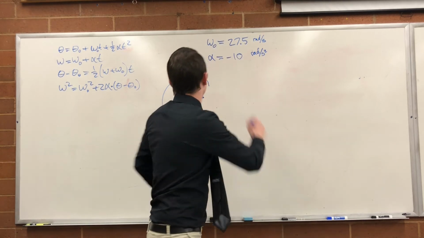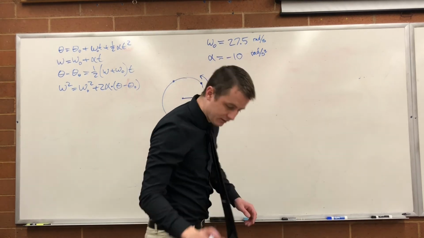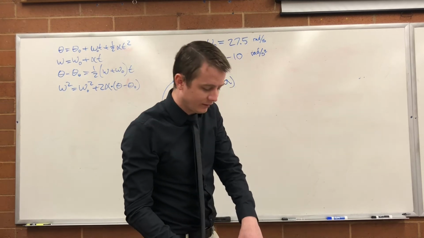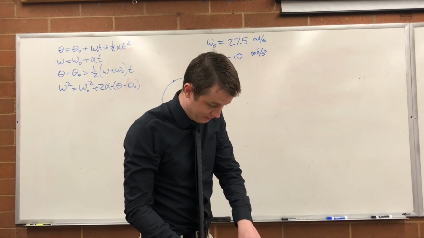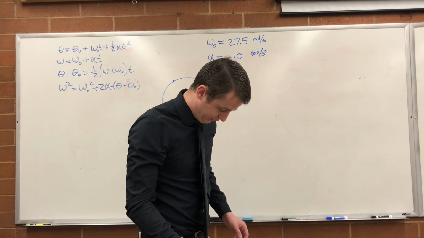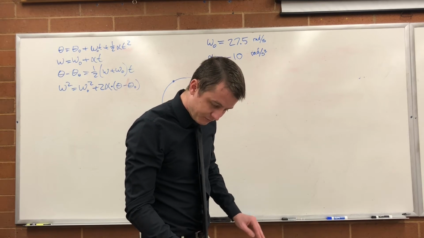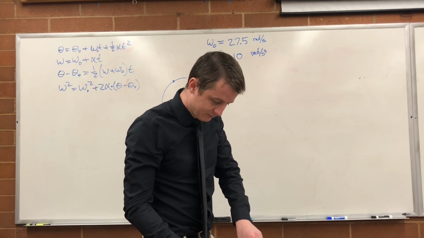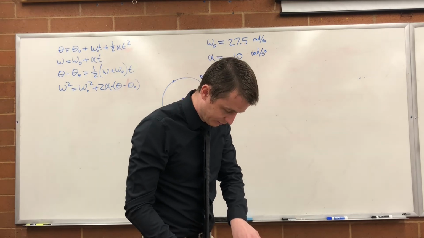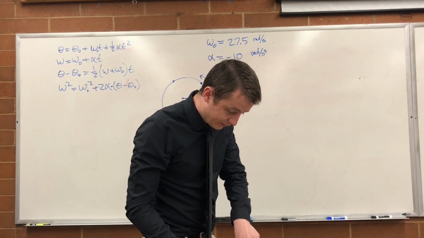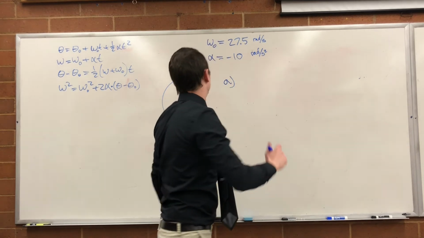So for A, we're looking for the disk's angular velocity. I guess they call it angular velocity. What is the disk's angular velocity at t equal to 0.3 seconds?